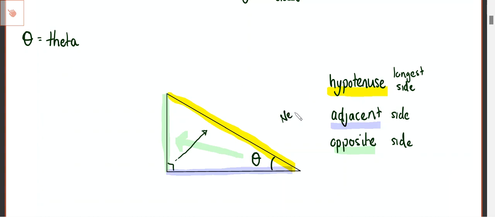So Marley is sat adjacent to Sienna and Eden. Can you understand why this side is adjacent to the angle? Yeah, because it's next to the angle. It's the one that makes the angle with the hypotenuse. The opposite side is the one that's away from the angle.